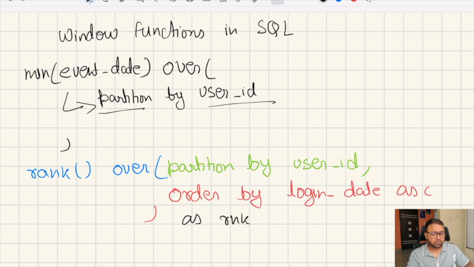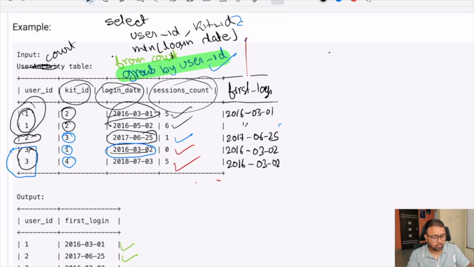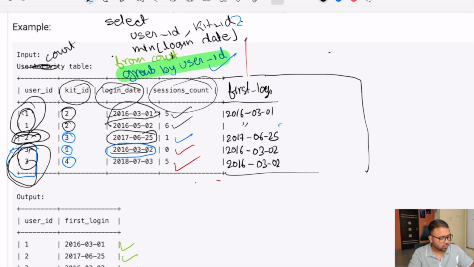What will this window function do? Firstly, we have done partition by user ID, right? So this becomes one window, this becomes another window, and this becomes another window. For this particular window, like user ID 1, it will create one extra column with the name rank.